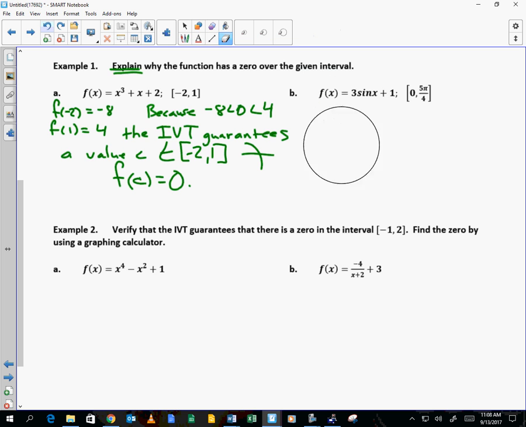All right, so let's try another one. F of 0. What's the sine of 0? It is 0, and 3 times 0 is 0 plus 1 is 1. F of 5 pi over 4.